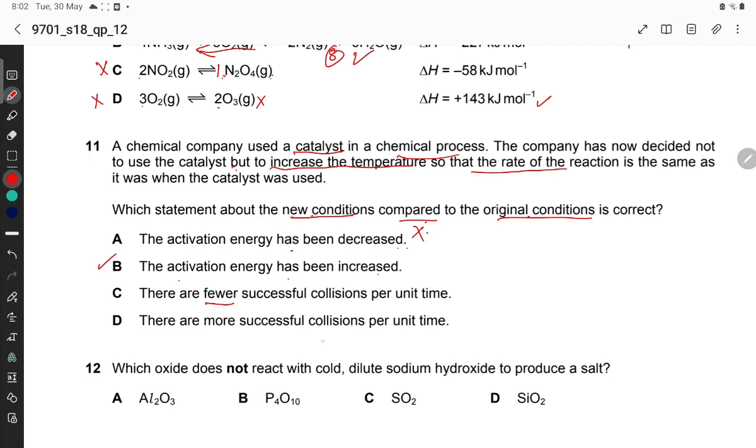So this is incorrect, and this can also be seen from the fact that the rate of reaction is the same as it was when the catalyst was used. When the rate of reaction is the same, the number of successful collisions will also be the same, so this will not be fewer or more. Option D is also incorrect, so B is the correct option.